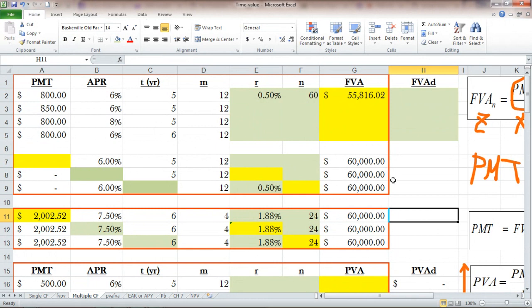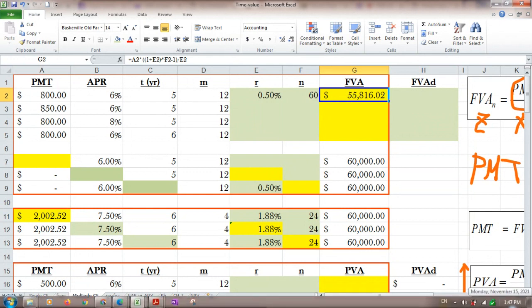Our task was to find out how to hit our target goal of 60K, right? So in other words, this is only the future value of these annuities, but we are still about $4,000 short of our target future value.